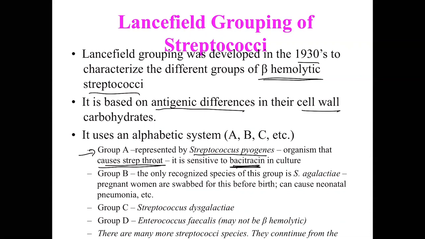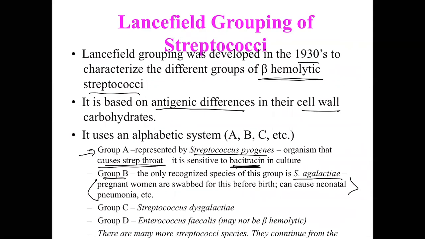Group B strep is Streptococcus agalactiae. The reason this one is important is that pregnant women get swabbed for this before they give birth.